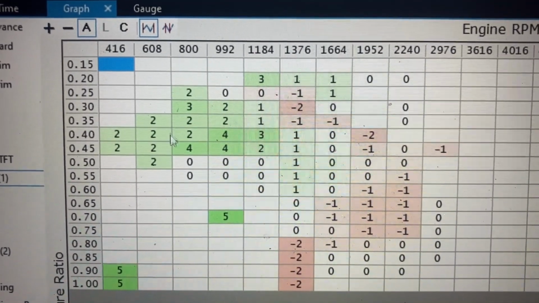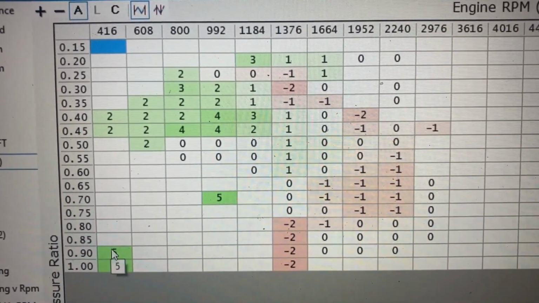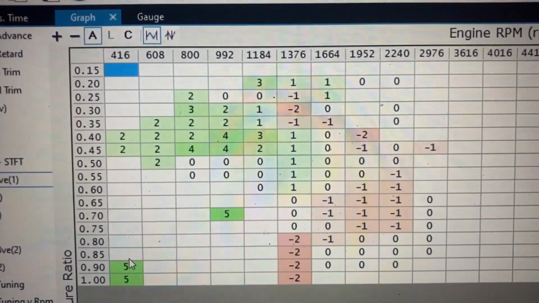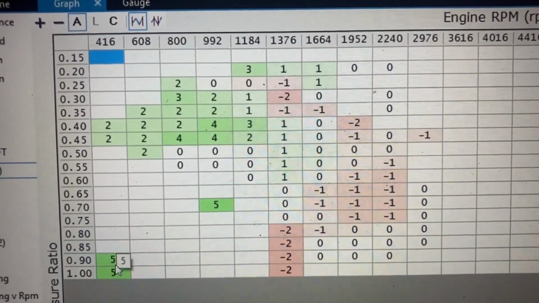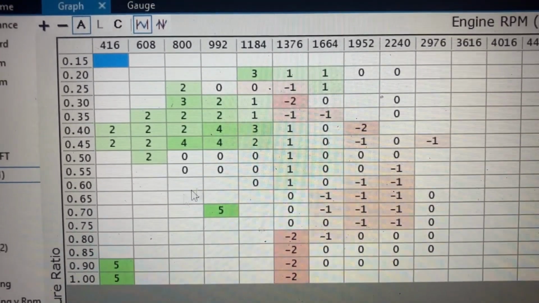Now, all this stuff right in here, this is our idle area, okay? And this here, again, is when you do a key start. This is the first couple cells that the engine goes through during initial startup.